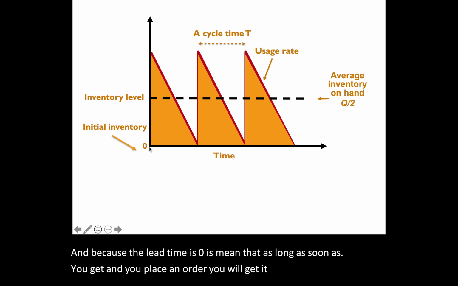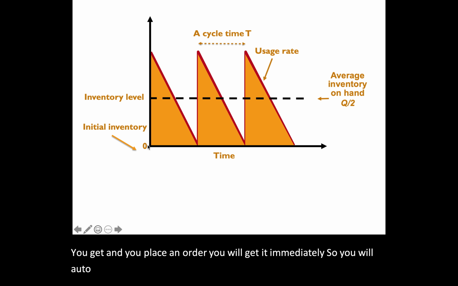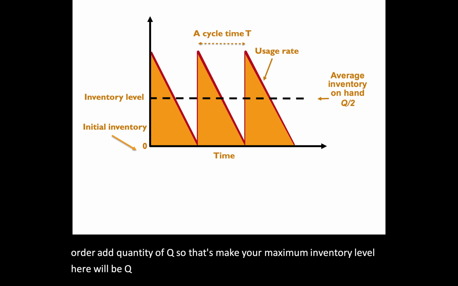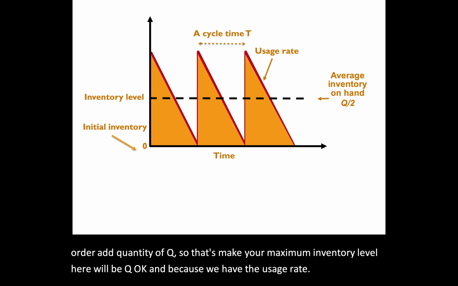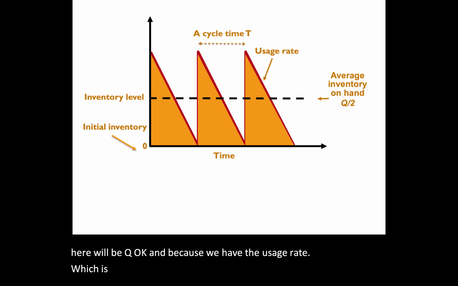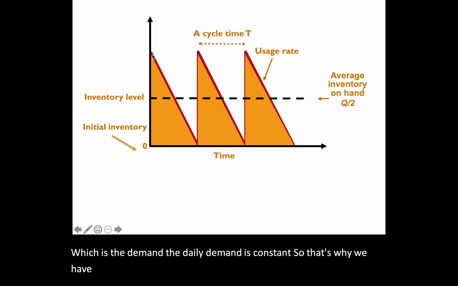So you will order the quantity of Q. So that makes your maximum inventory level here be Q. Okay. And because we have the usage rate, which is the demand, the daily demand is constant. So that's why we have the graph here as a linear one.